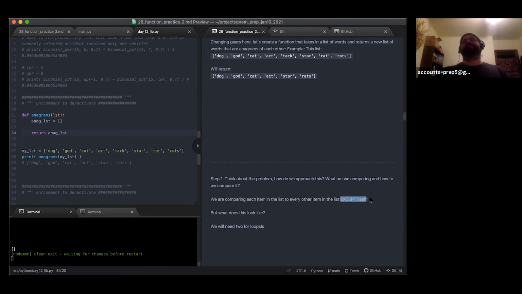So if a word is equal to itself, which it is, as words are apt to be these days, then we can just kind of ignore that case, right? So if the words are different, they might be anagrams if they're a different initial word. We don't consider a dog an anagram of dog. It's just the same word. What does this look like?